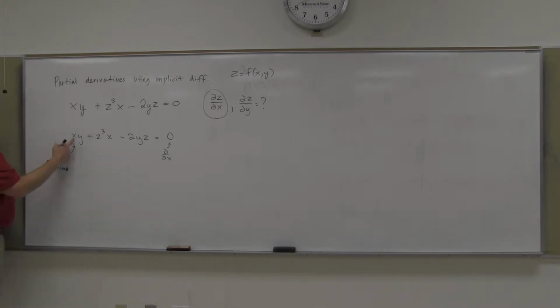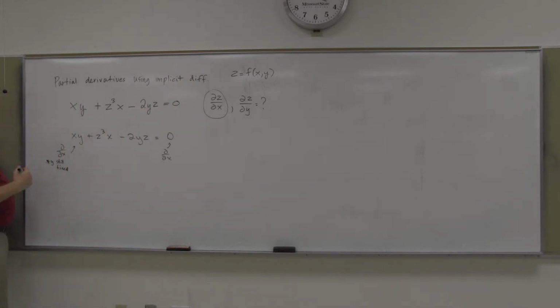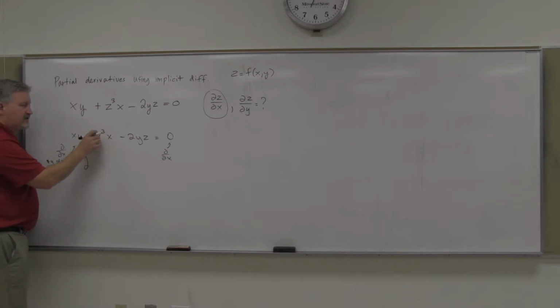And so when I do the partial of this term with respect to x, that's kind of like what we did when we had z as a function of x and y. The y is still fixed here, so that's still just going to be the derivative of x is 1, so that's still going to be 1y, or just y. This, on the other hand, is a different story because I don't know what z is in terms of x and y.